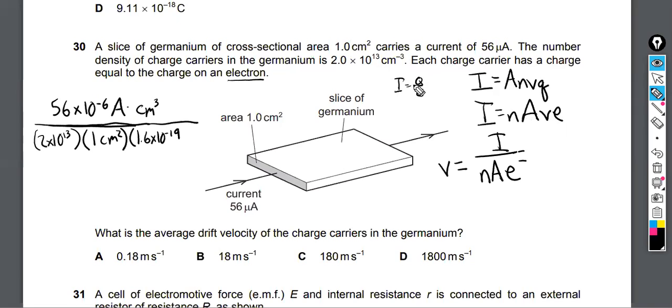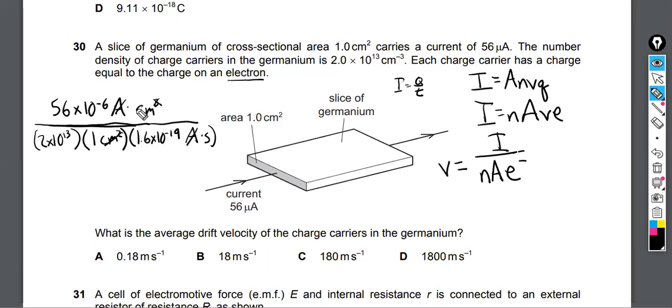An amp of current is a coulomb of charge per second of time, so a coulomb is really an amp second. The units, coulombs, are equal to the base units, amp seconds. And so look what I'm going to have here: amps canceling, these centimeters squared canceling, and I'm left with centimeters per second.